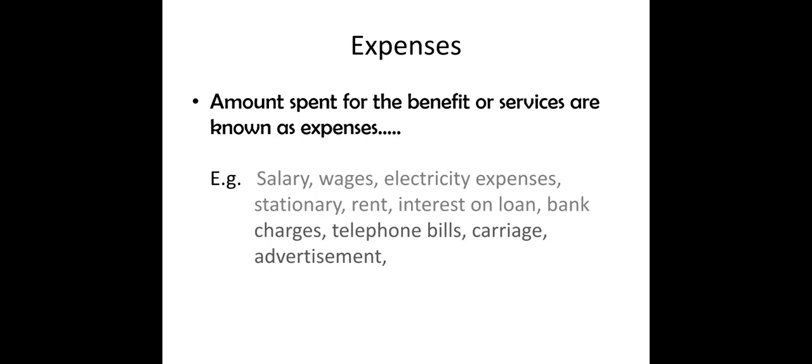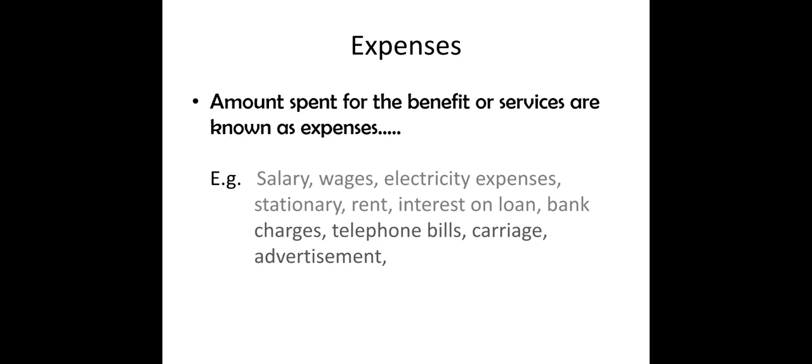Okay, so there are many expenses, students. Clear? Here I have written only a few of them, but the list is very long. There are plenty of expenses. But remember, students, expenses will become your effect number one. Whenever there is any expense, whenever you pay for any expense, then that expense will become your effect number one.